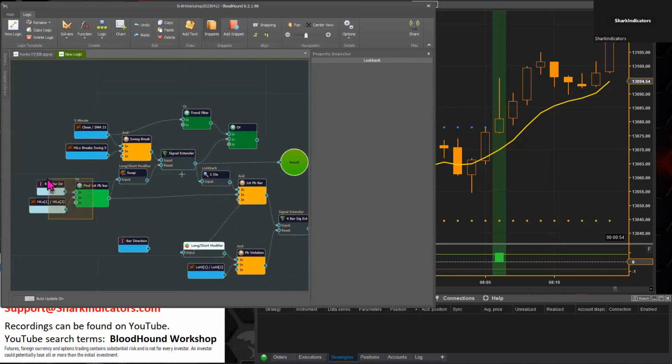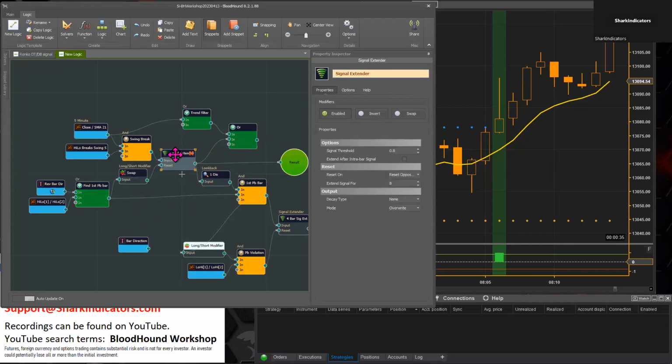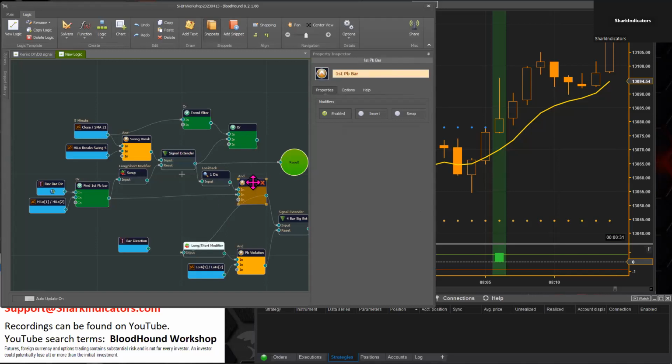Okay, so I have this OR node that's finding basically the basic conditions of the first pullback bar. I can now use that to turn off the signal extender, and I can use that to actually find or identify the first pullback bar.